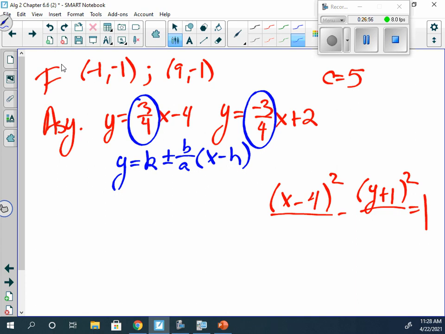So b, in our case, is, a is. x minus 4 squared over 16 minus y plus 1 squared over 9 equals 1. That's it. Questions on any of this here?